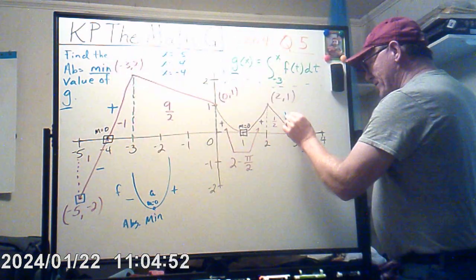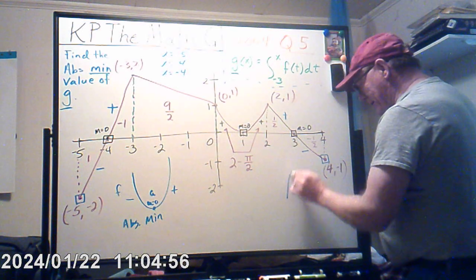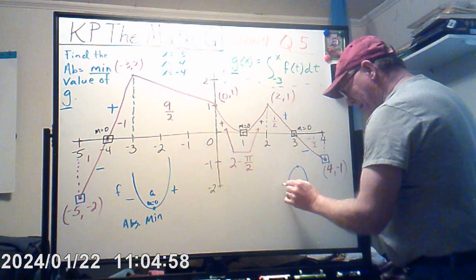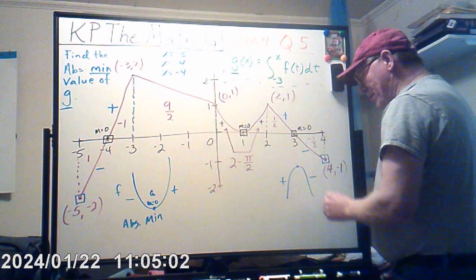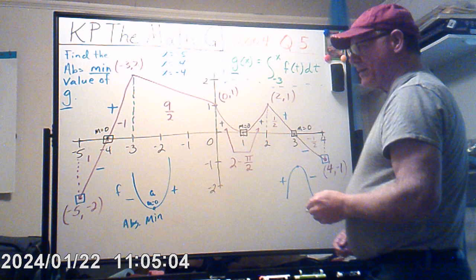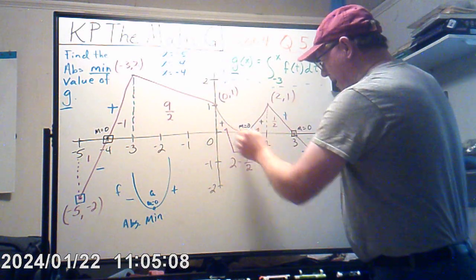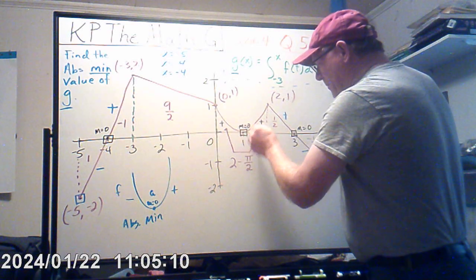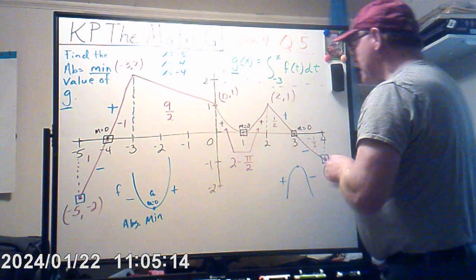This is positive to the left of this and negative below here. This is a max. Positive going up, increasing, negative going down. We can't check this because the signs do not change, even though we do have a slope of 0.